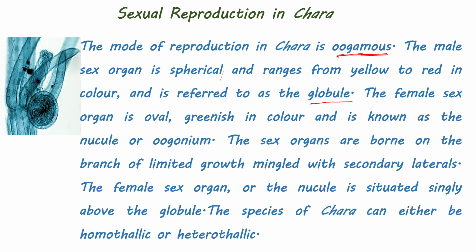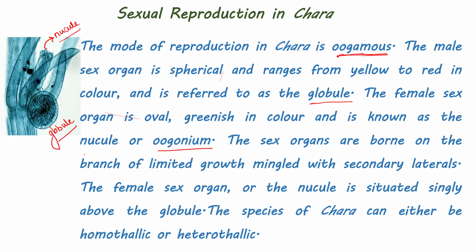The female sex organ is oval, greenish in color and is known as nucule or oogonium. This one is your globule, and this structure is the nucule.